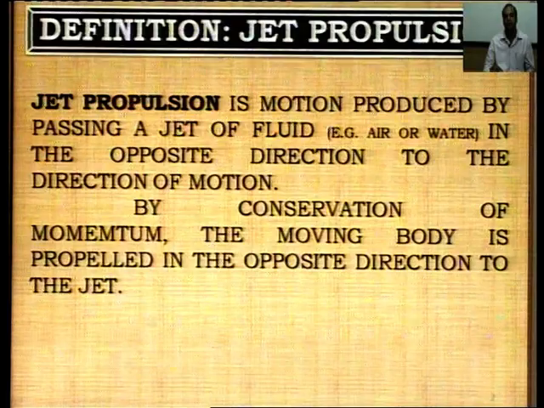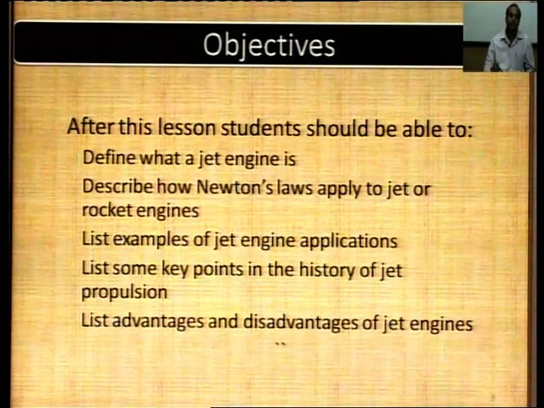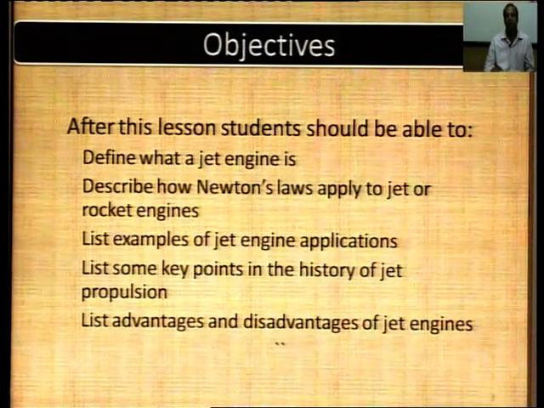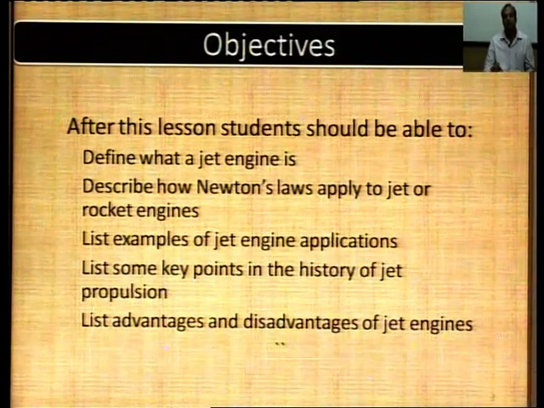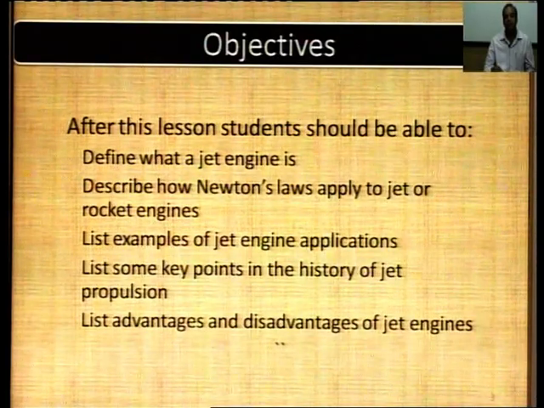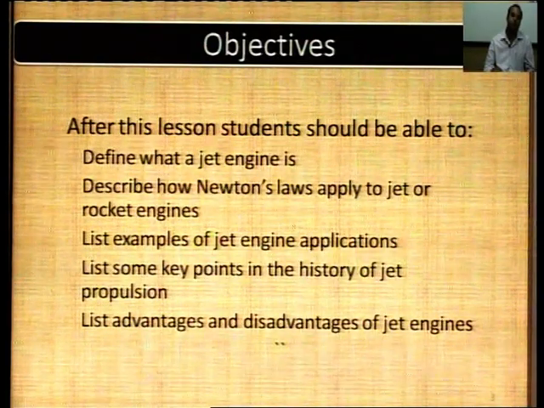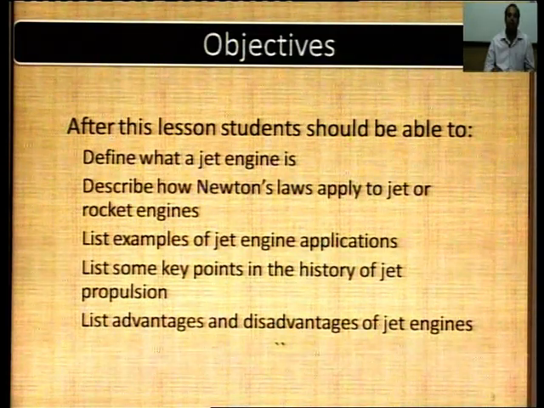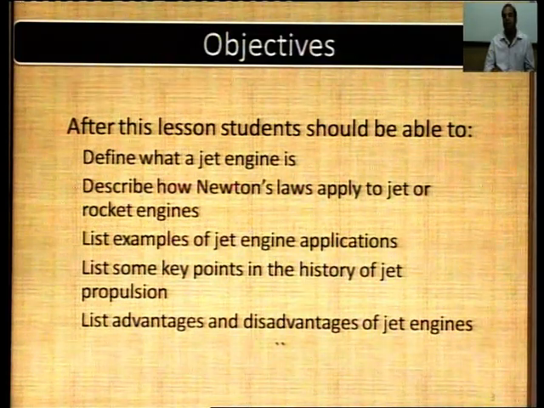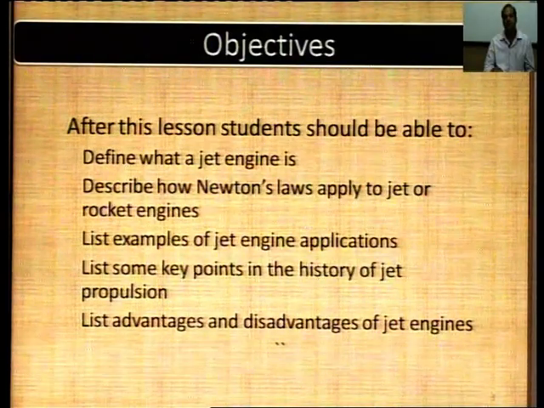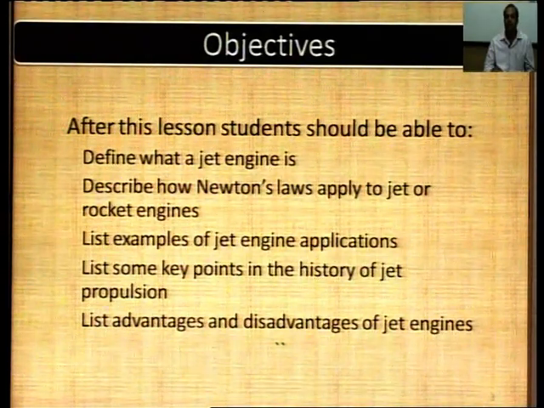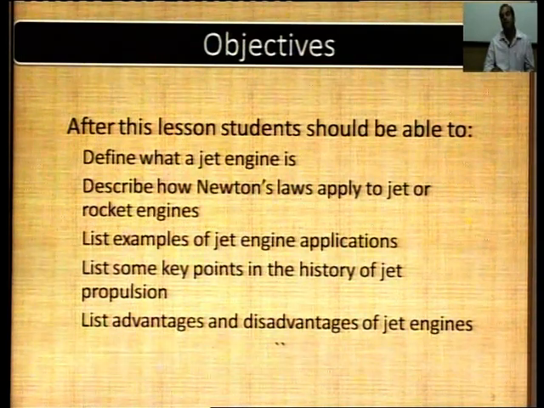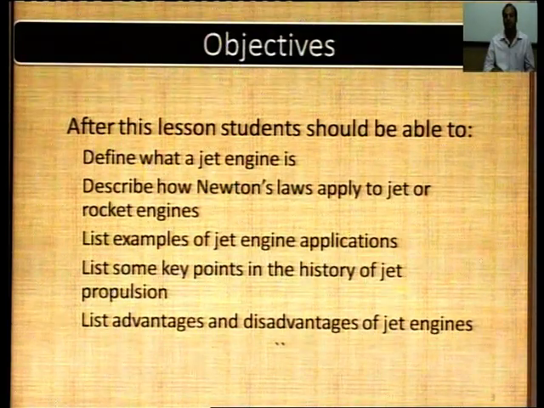On the next slide, we have some objectives. After this lesson, students should be able to define what a jet engine is, describe how Newton's laws apply to jet or rocket engines, list examples of jet engine applications, list some key points in the history of jet propulsion, and list advantages and disadvantages of a jet engine.